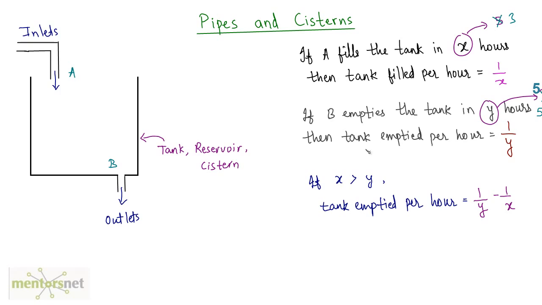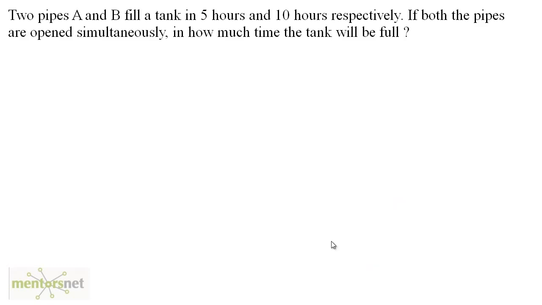So if Y is greater than X, then the tank filled per hour will be equal to the fraction of tank filled per hour, that is 1 by X, minus the fraction of tank emptied per hour, so minus 1 by Y. These are some small formulas that you have to remember in order to solve questions related to this. Let us solve a question now.